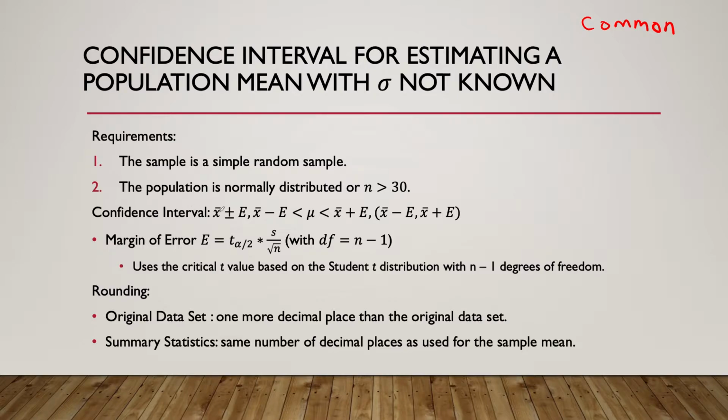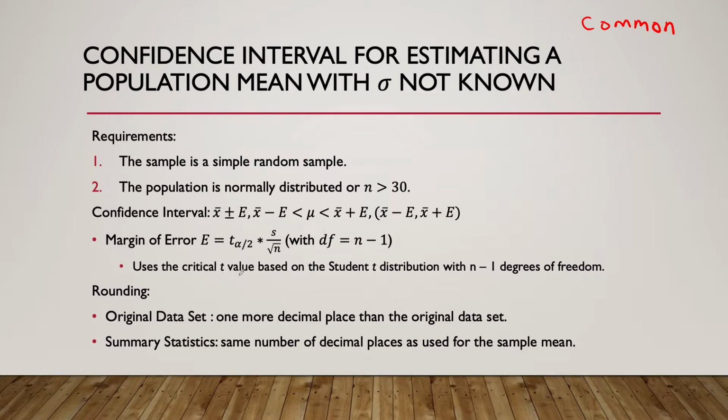The confidence interval itself takes the sample mean x bar and adds and subtracts the margin of error. And all three of these representations mean the same thing. The margin of error E takes the t critical value, t sub alpha divided by 2, times the sample standard deviation s divided by the square root of n, with a degree of freedom of n minus 1.